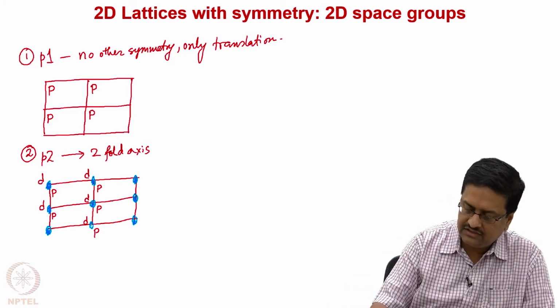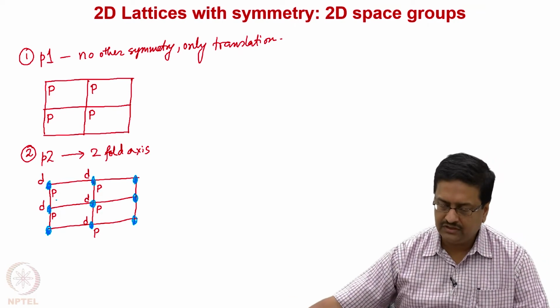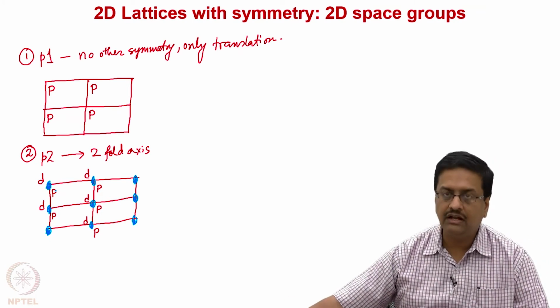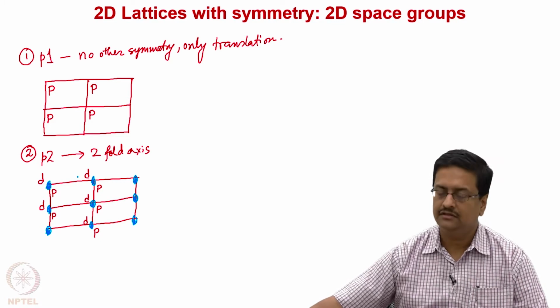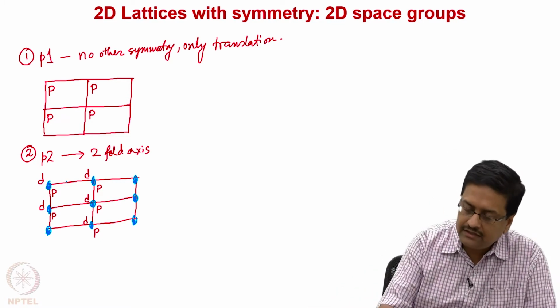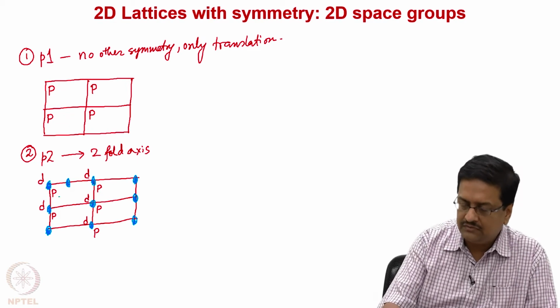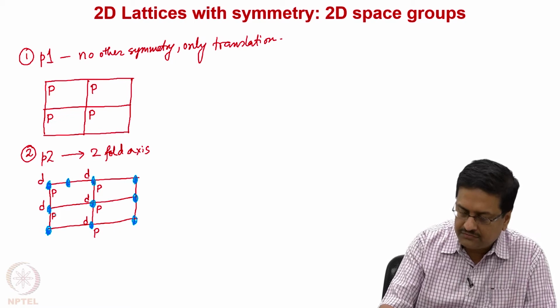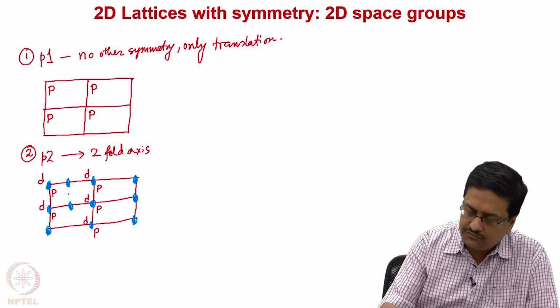So now what we see is that the symmetry between this particular molecule and the other molecule which is there, they are further related by a twofold symmetry. Similarly, these two are further related by another twofold symmetry, and there is a further twofold at the center of the unit cell.